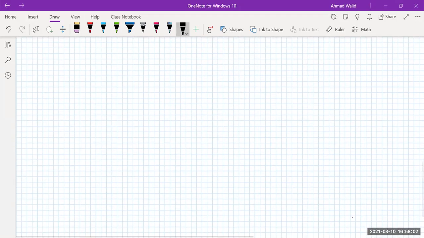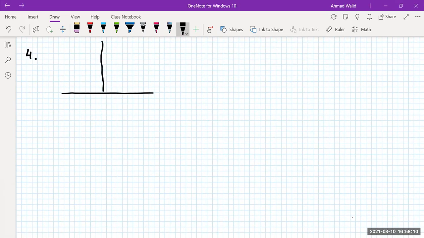Number 4. This function is f of x equals the square root of x. It's one of the main functions or parent functions.